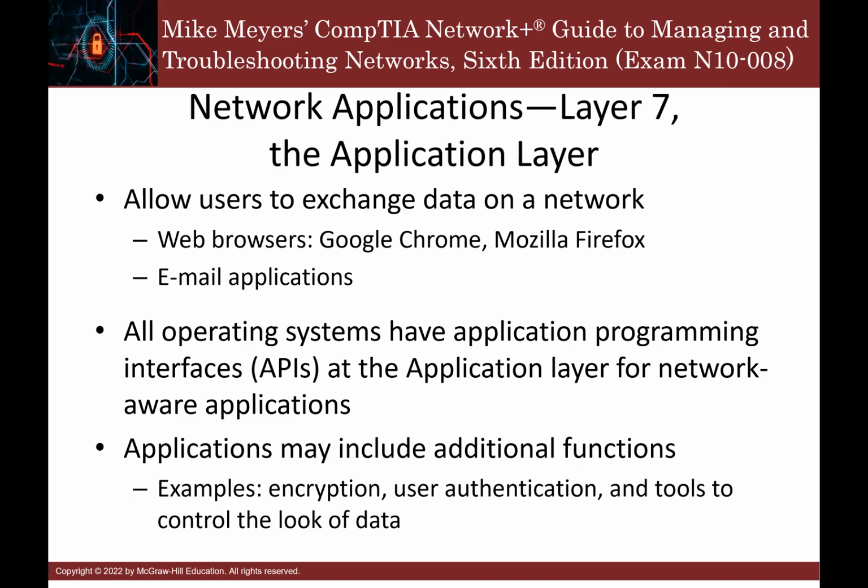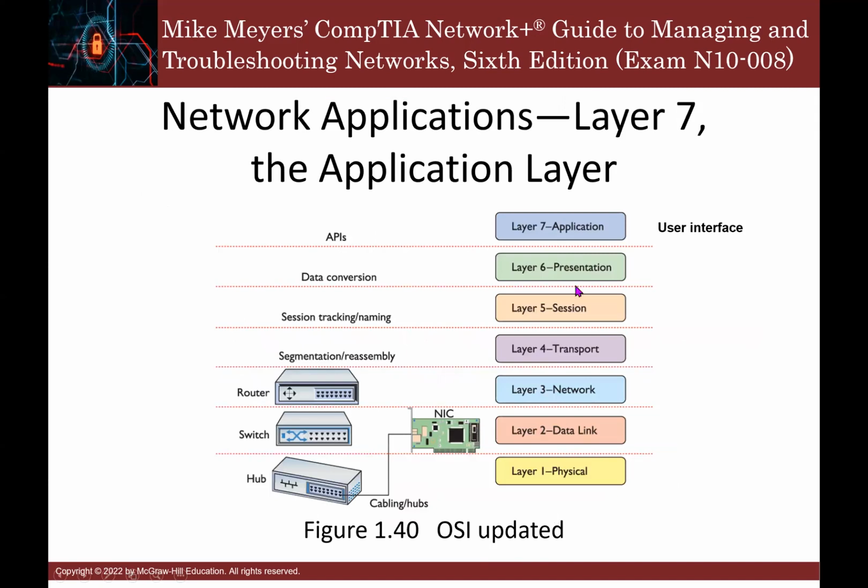Applications may include additional functions like encryption and user authentication and tools to control the look of the data. In wireless, we're going to have a little bit different functionality because we have the authentication happening at layer 2. In other applications that are running on the cable networks, the authentication often happens at layer 7. So here we are with layer 7 added to the top of the stack, and it is the user interface and the APIs.